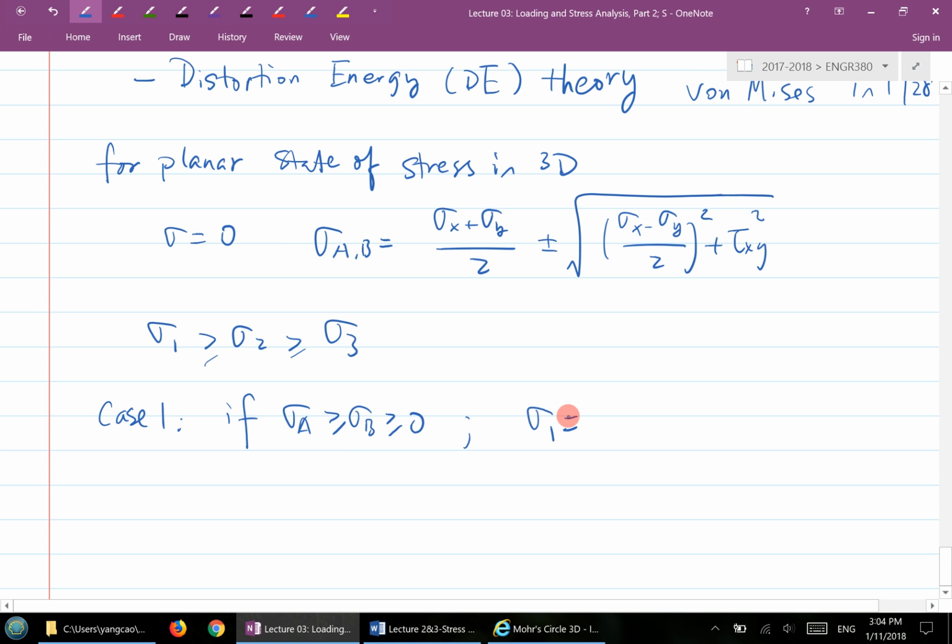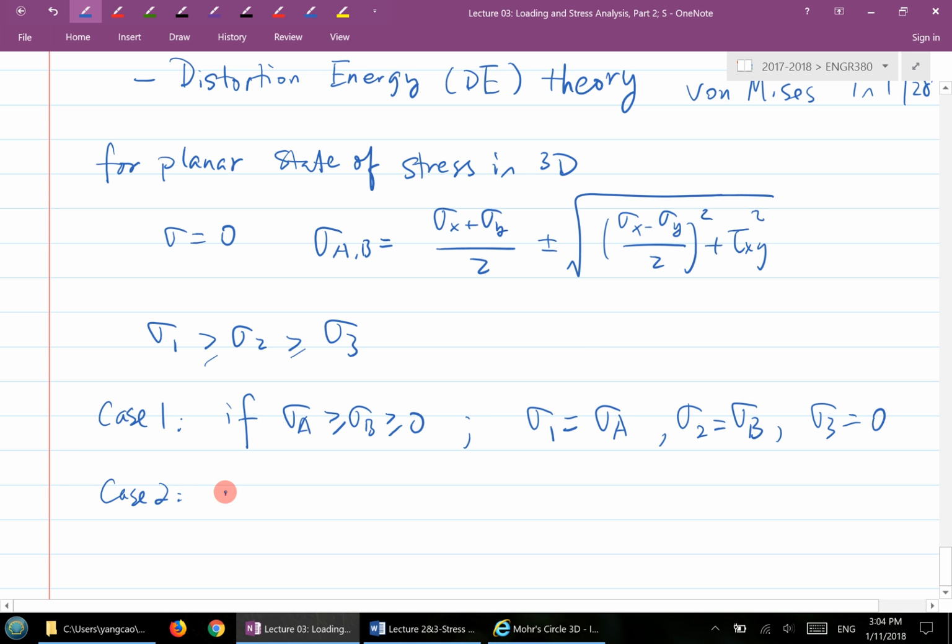Then, ordering from big to small, sigma 1 has to be sigma A, sigma 2 will be sigma B, and sigma 3 is the 0 one. That's your first case.